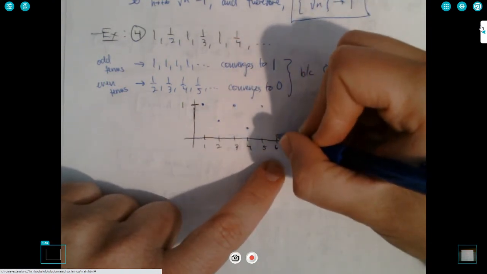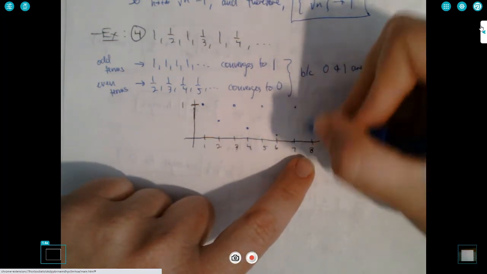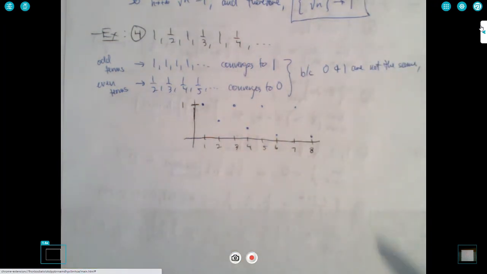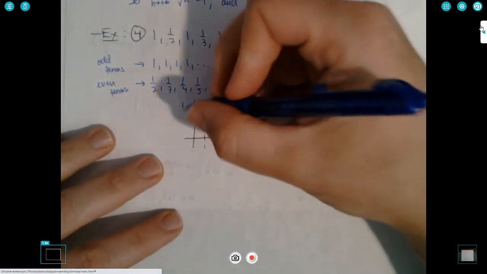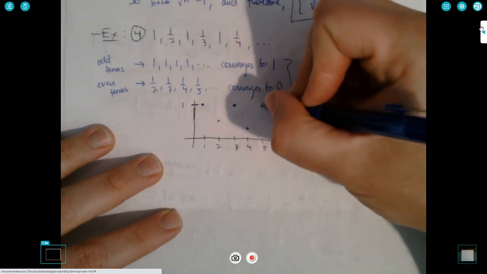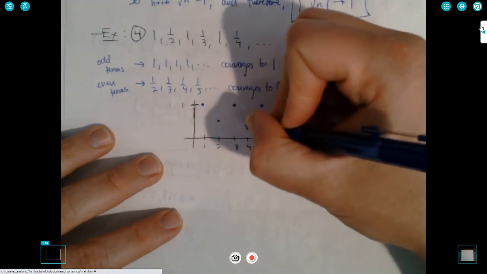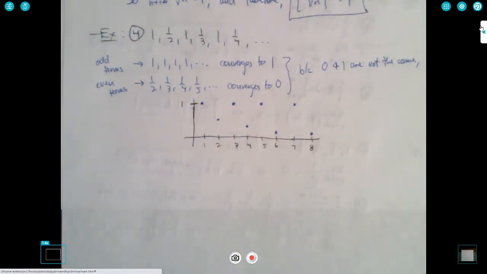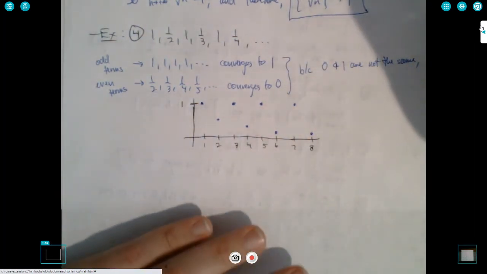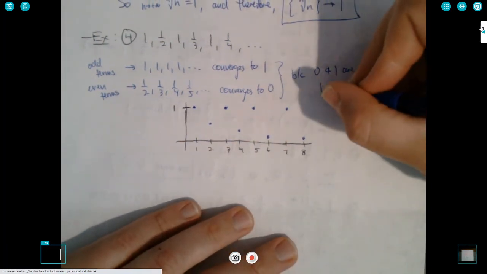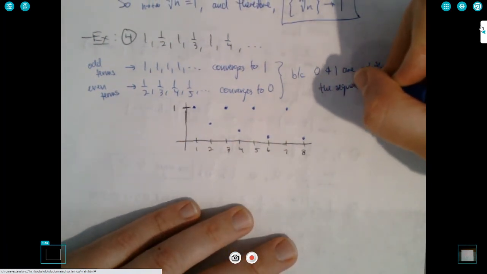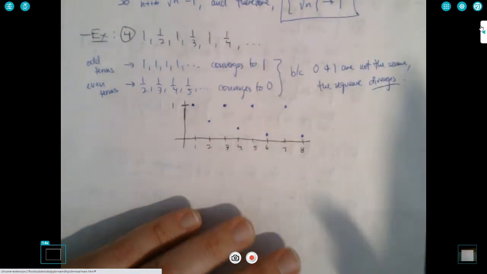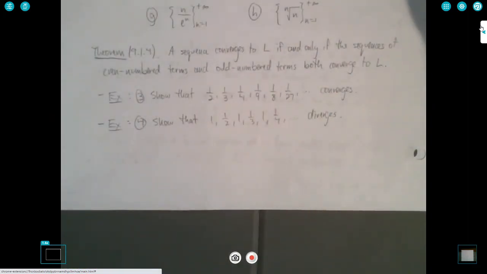Sixth term is 1/4. Seventh term is 1. Eighth term is 1/5. So you can see that it's diverging. You're not sure if you're going down to 0 or if you're staying up at 1. It oscillates between 1 and 0. So because 0 and 1 are not the same, the sequence diverges. Okay, so that's kind of an interesting thing.